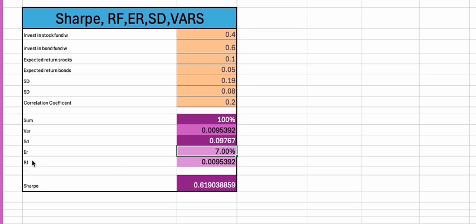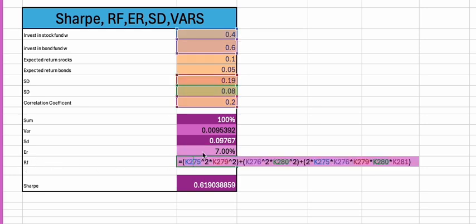Now we're going to calculate for a risk-free rate, which you do by, this is another decently hefty, a little bit more complicated calculation, but for your risk-free rate, what you're going to do is you're going to take your first weight squared times your first standard deviation squared together in parentheses, and then you're going to add that and do the same thing for your second weight and your second standard deviation.